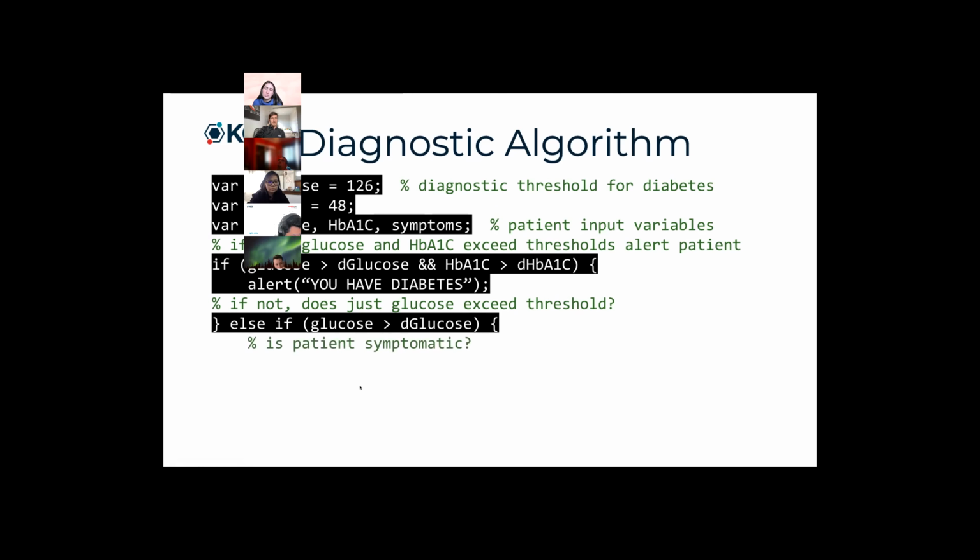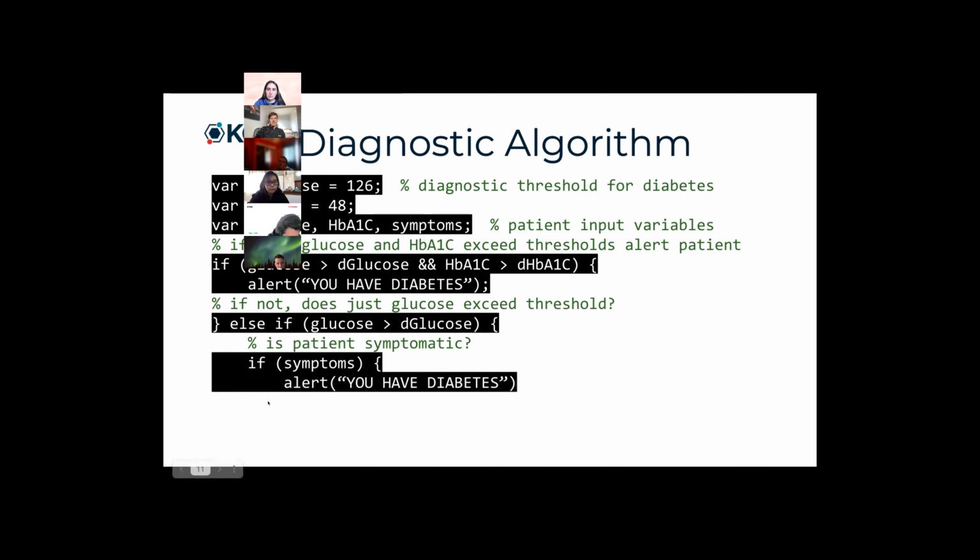And if so, let's ask another question, maybe to get a little bit more into detail on the patient. Are they symptomatic? Because remember, I've created this variable of symptoms. So if symptoms exist, then you can send them the alert. You have diabetes. So in this case, patients get the alert, you have diabetes, if either both of their quantitative numbers exceed the threshold, or just the glucose exceeds the threshold, but also they have symptoms.